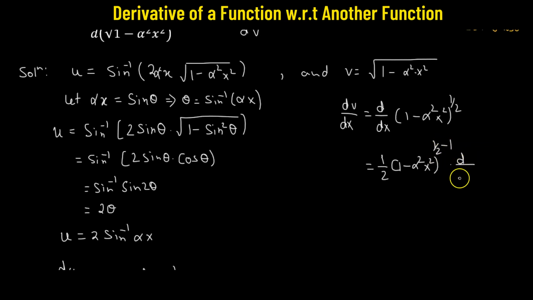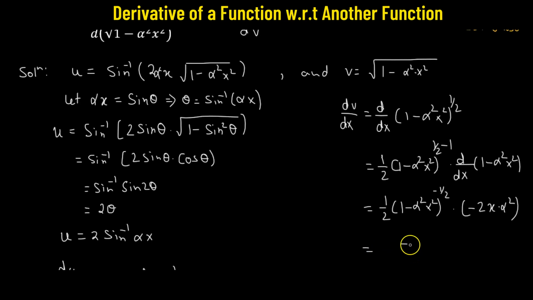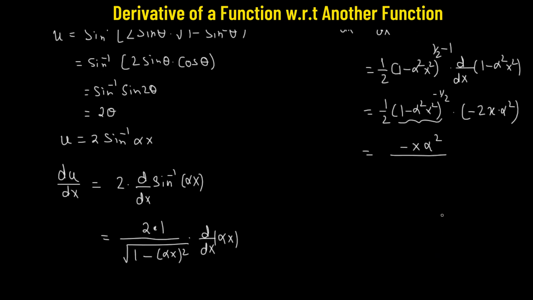This will be multiplied by the derivative with respect to x of 1 minus alpha squared times x squared, so we have 1 over 2 multiplied by 1 minus alpha squared times x squared, whole raised to the power of negative half, multiplied by the derivative, which is simply negative 2x times alpha squared. So here the 2 and 2 get cancelled, and we have negative x times alpha squared divided by, taking the power down to the denominator and writing it in radical form, square root of 1 minus alpha squared times x squared. So this is the derivative of v with respect to x.